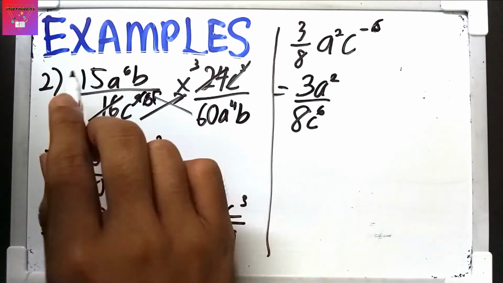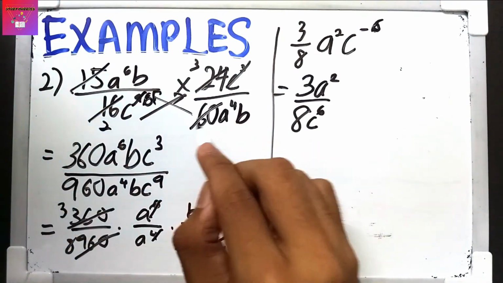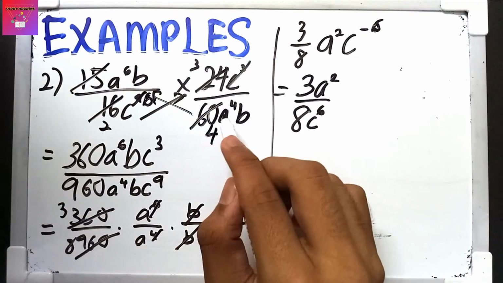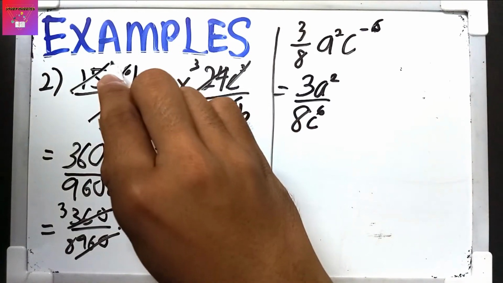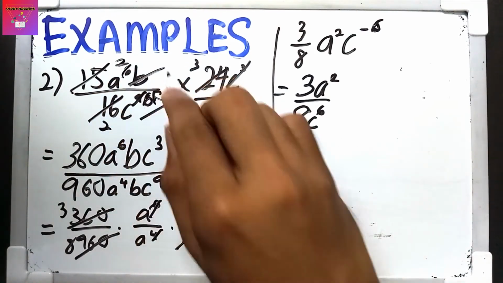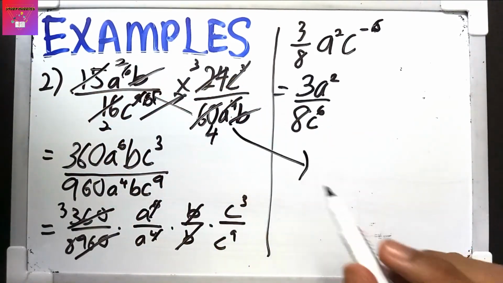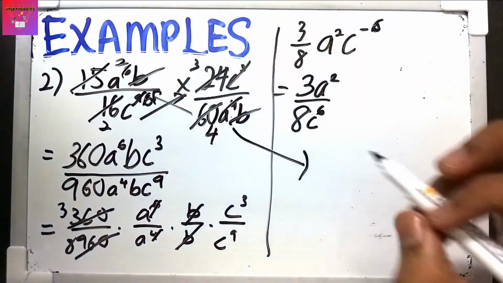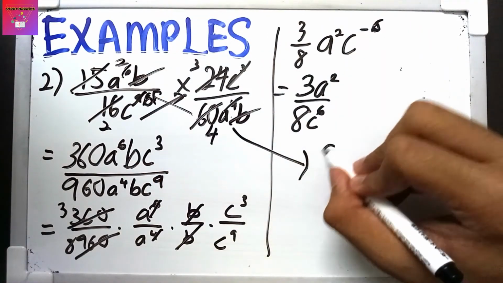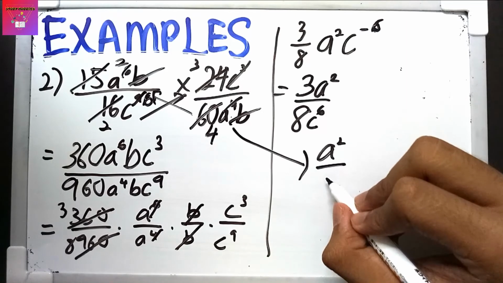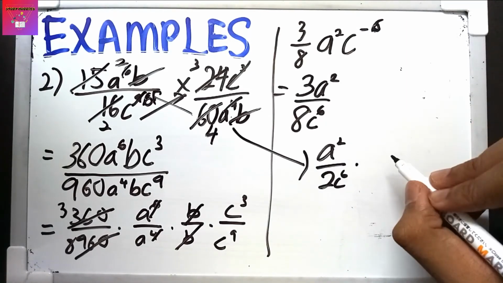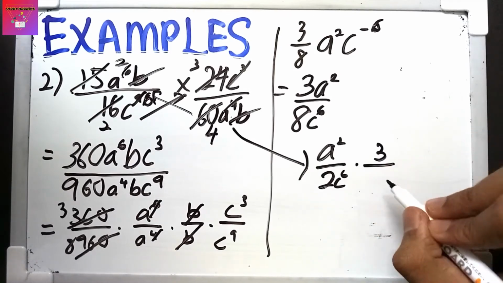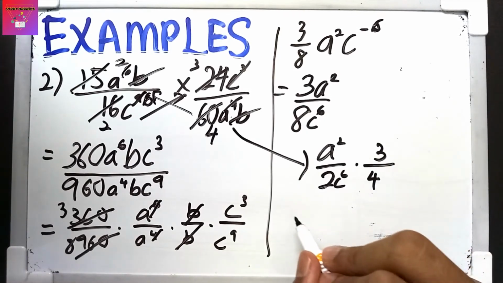And now we look through this side. 4 times 15, you would get 60. A to the power of 6 divided by a to the power of 4, you're going to get a square. B divided by b, you're going to get nothing. So again, this brings to an answer which is a square over 2c6 times 3 over 4.